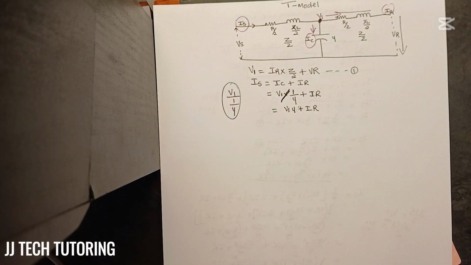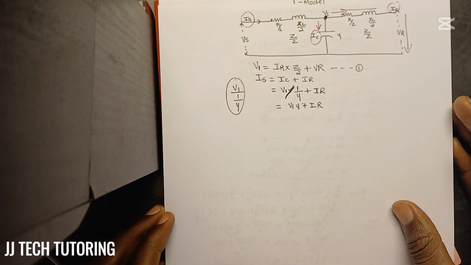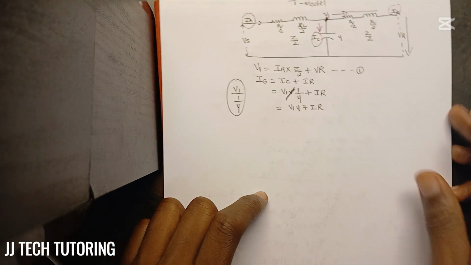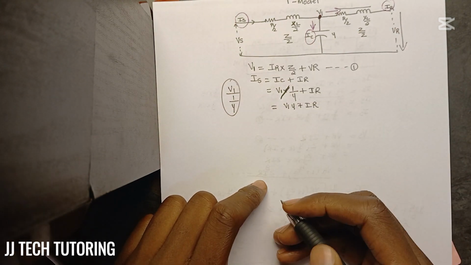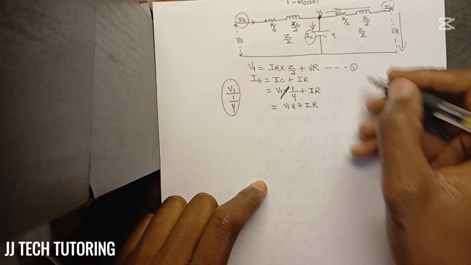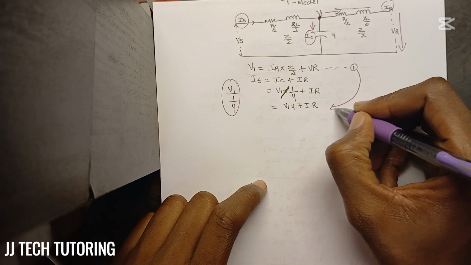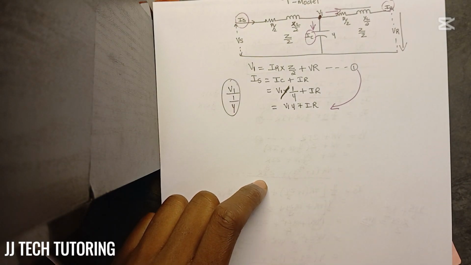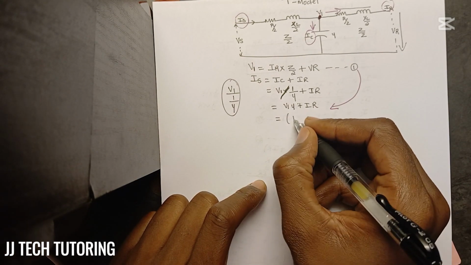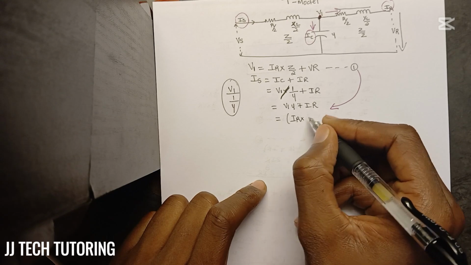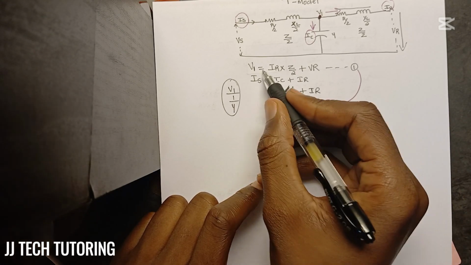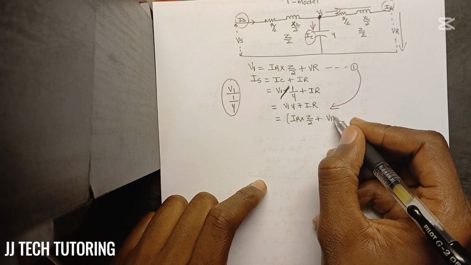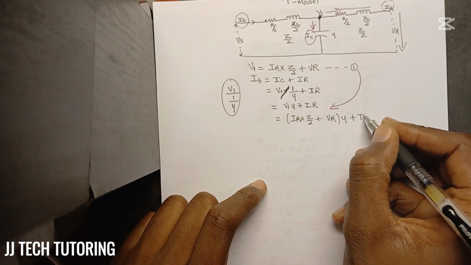Now what is it that we need to do? We can just substitute here for V1, because we don't want V1 in our final equation. So we're going to take this here: IR multiplied by Z over 2 is this one, Z over 2 plus VR, times Y, plus IR.